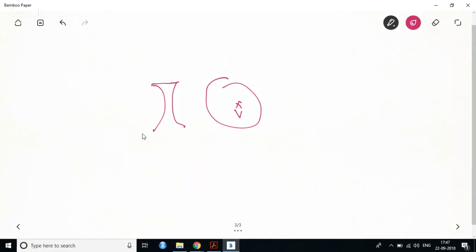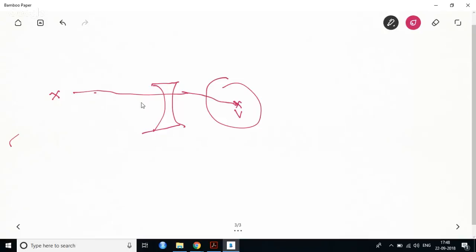Now what happens if this concave lens is not here? Anything which is at a far point, suppose at infinity here, from here it will go and the image will be formed here. What happens if I apply this concave lens here?